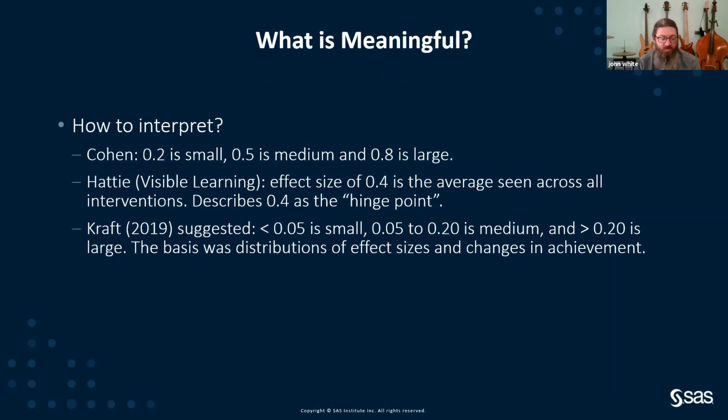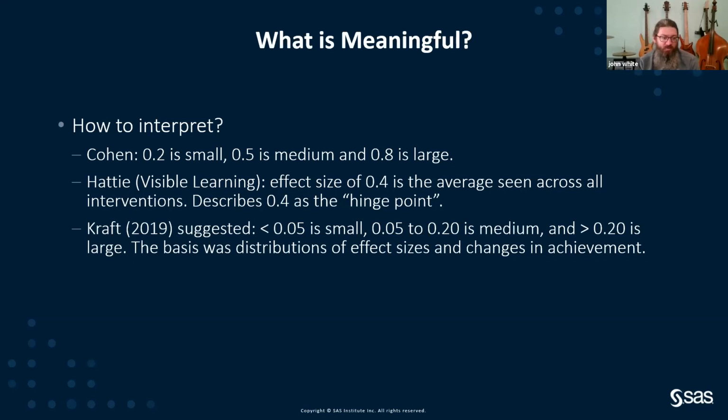Hattie, John Hattie, was more specific to education, specifically classroom level interventions. He had an effect size of 0.4. So that's 0.4 standard deviation units, seen as the average across all of these different interventions. And he described that as a hinge point or something to look at as a meaningful difference.